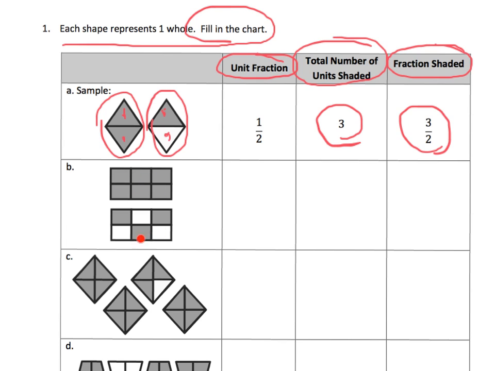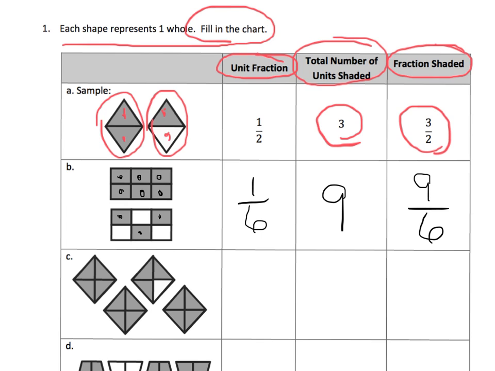So each of these candy bars has been cut into 6 pieces, so our unit fraction is 1/6. And then how many of those pieces were shaded in? 1, 2, 3, 4, 5, 6, 7, 8, 9. 9 of them were shaded in. So what fraction was shaded in?